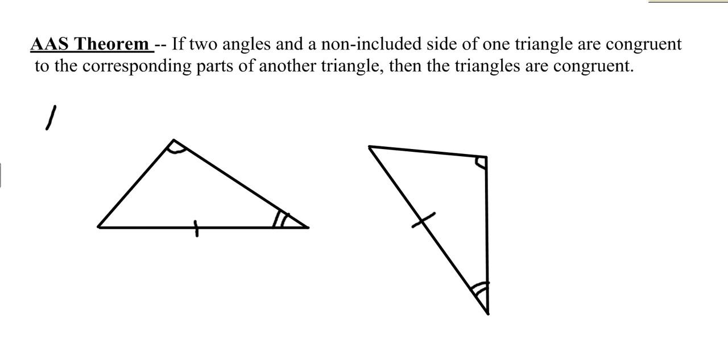Now this is closely related to the angle-side angle that we've already done, which is where we had two triangles where the side that was congruent was between the sets of congruent angles, like this.